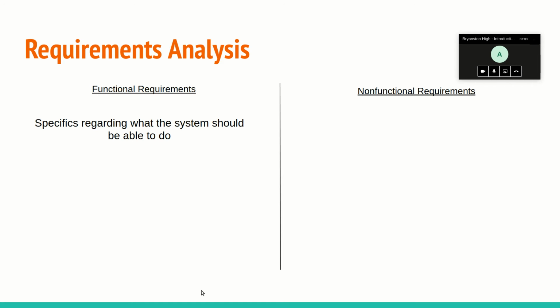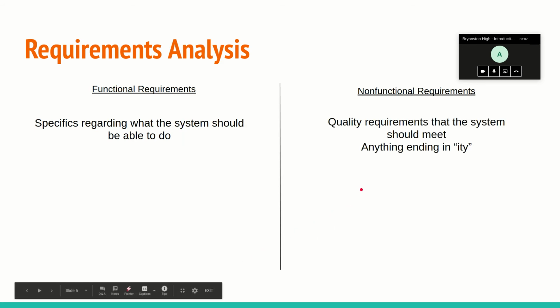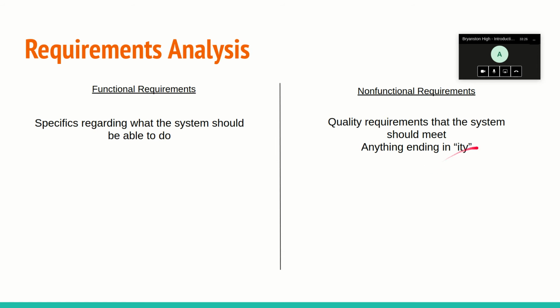Okay, and then we have non-functional requirements. Okay, these are sort of quality requirements. So like scalability, maintainability, testability, security. Okay, and the trick on how to remember what a non-functional requirement is and how to give examples of non-functional requirements is that we just say anything ending in ity, basically.